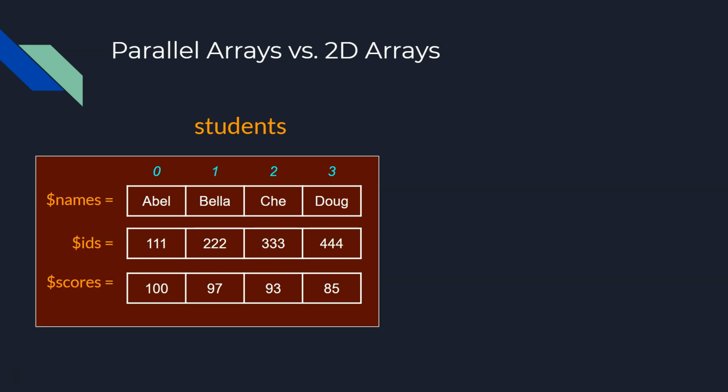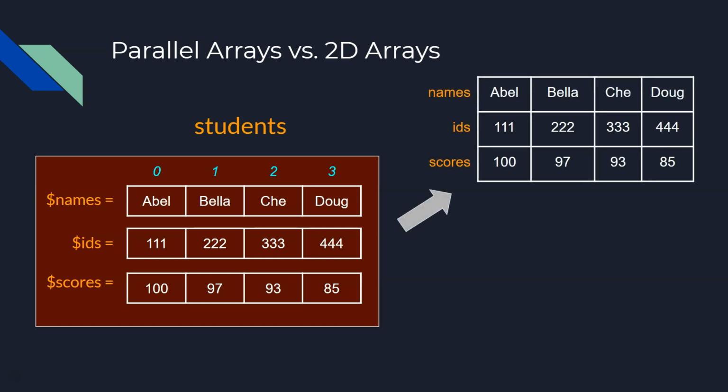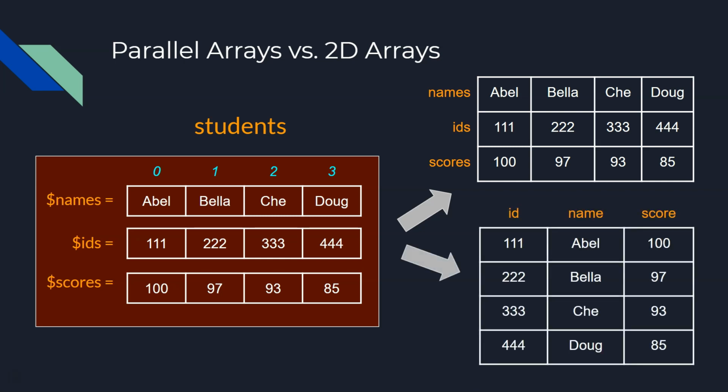So the better way is to use a two-dimensional array. Here you have a table. In this example, I represent the first row as all the names, the second row as all the IDs, and the third row stores their scores. It's fine this way, but it may not be the most efficient way because we're not used to seeing a table like this. Usually in a table, you see the IDs as the first column, the second column as the names, and the third one storing their scores, so you have different fields.